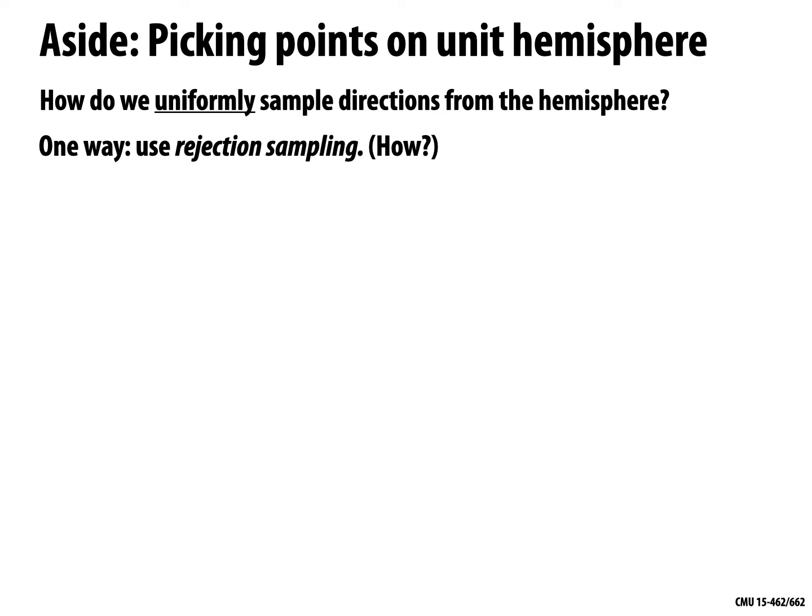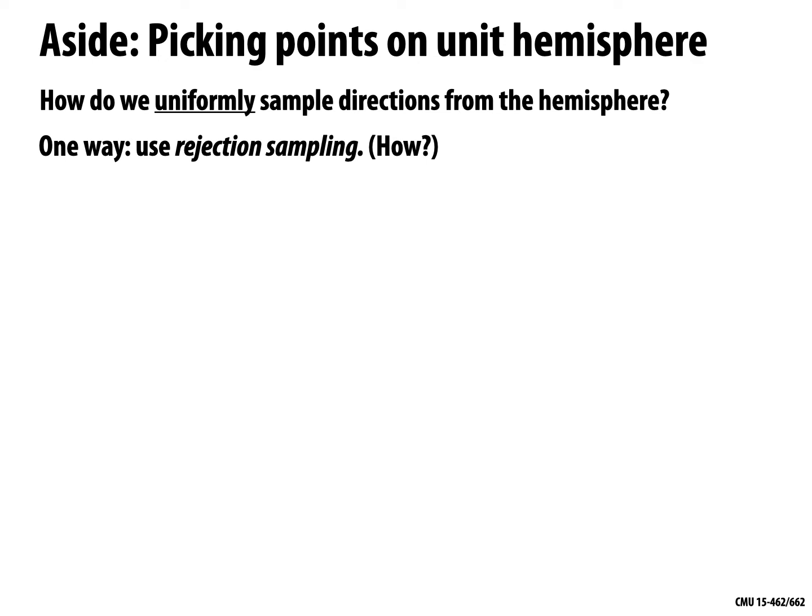How could we apply this same thinking to uniformly sampling the hemisphere? I'll let you think about that for a second. Okay, well, let's start by thinking about an easier problem and then modify that until we get to our original problem.